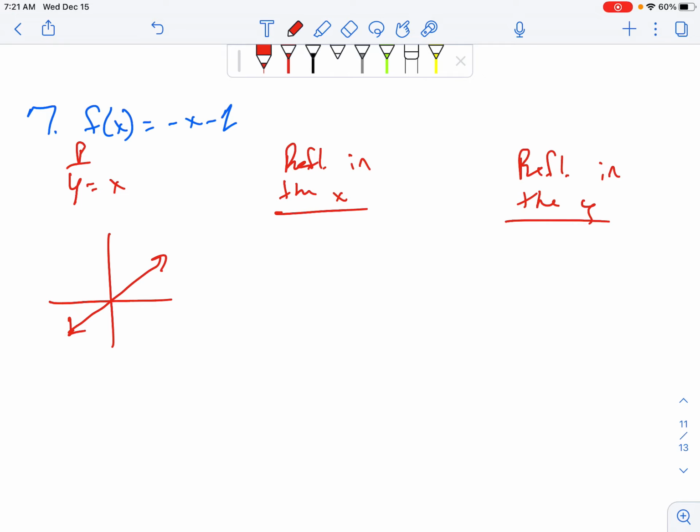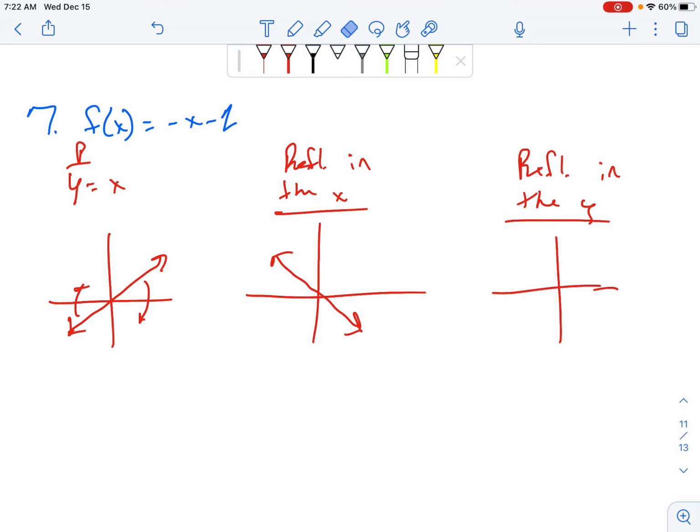Now, if we remember that back to that page, what we found is if we had a reflection across the x or in the x, that essentially this half comes here and this half comes here, so it would look like this. Now if we had a reflection in the y, essentially what happens is that this half comes here and this half comes over here. So it also would look like this.